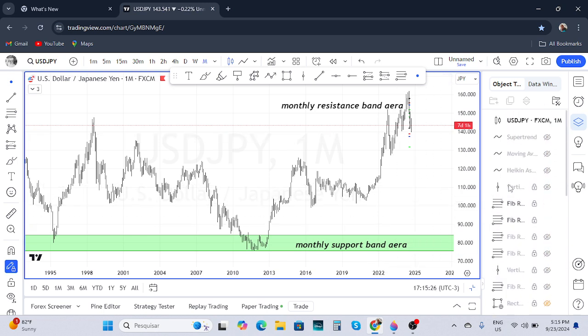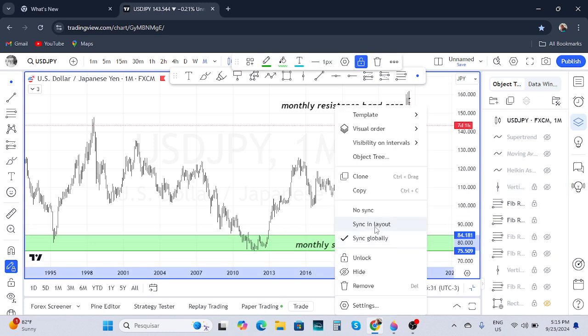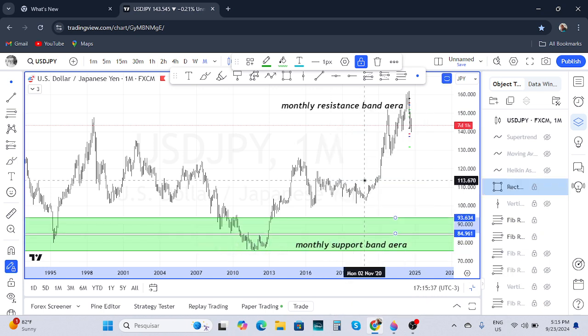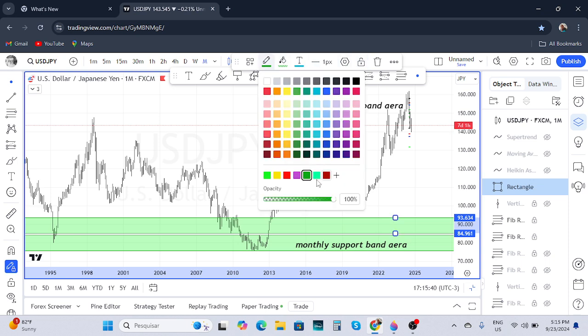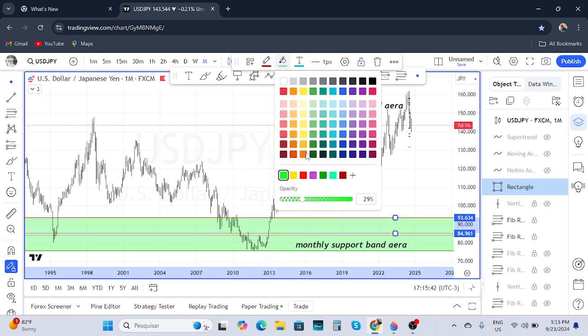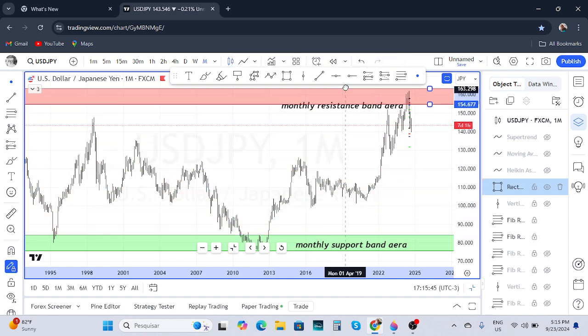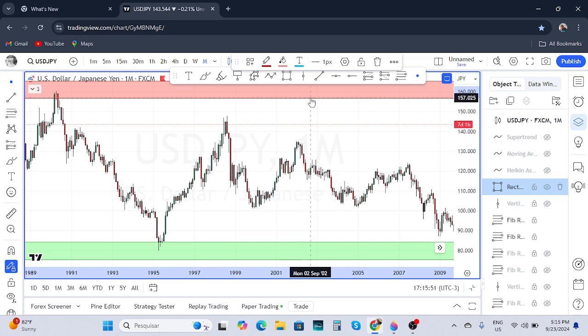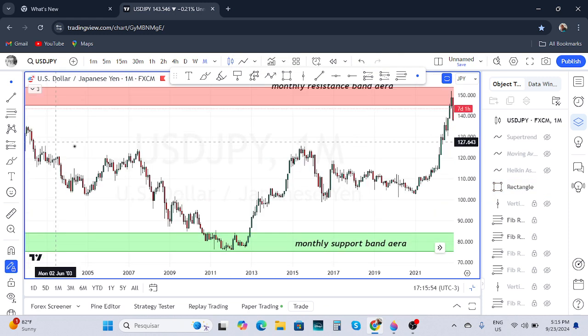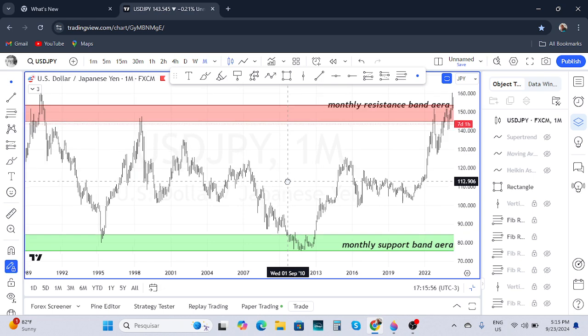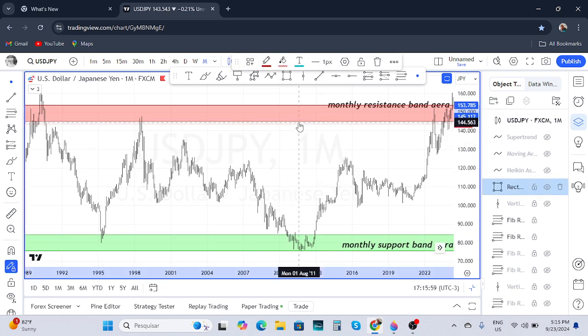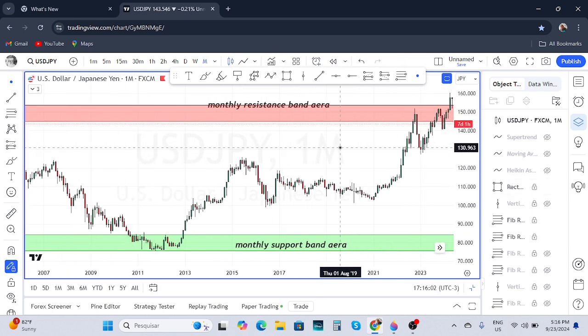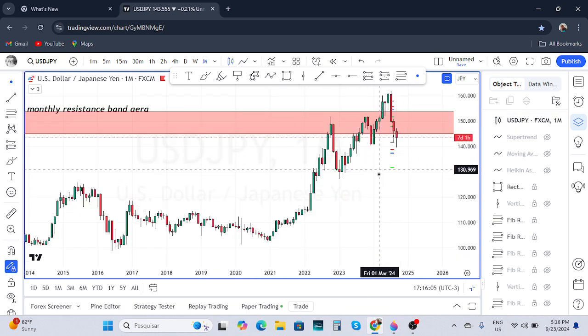I want to make this video as short as possible, so I'm just going to clone this one and quickly make the monthly resistance band area. Here we go. Am I right? Yes, I'm right. Okay, so I'm just going to lock it. The monthly resistance band area is in place.